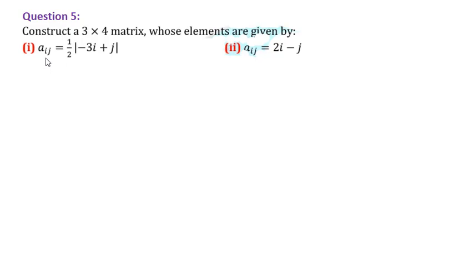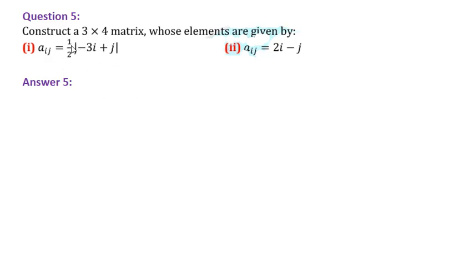Right. So i will take values 1, 2 and 3 because there are 3 rows, and j will take values 1, 2, 3 and 4. So accordingly I will find a total of 12 elements.